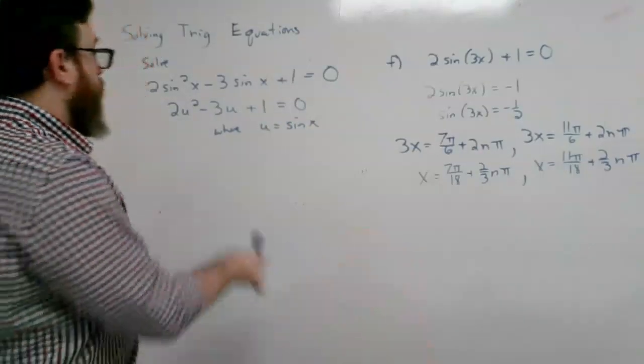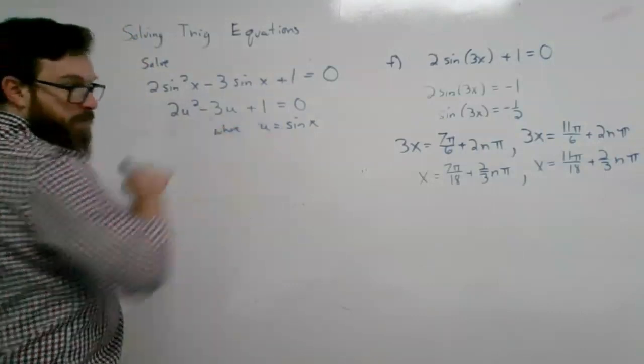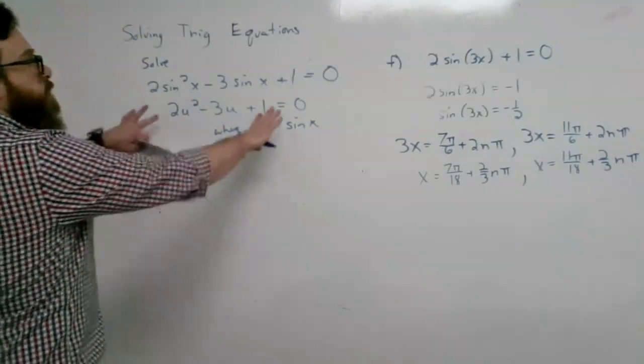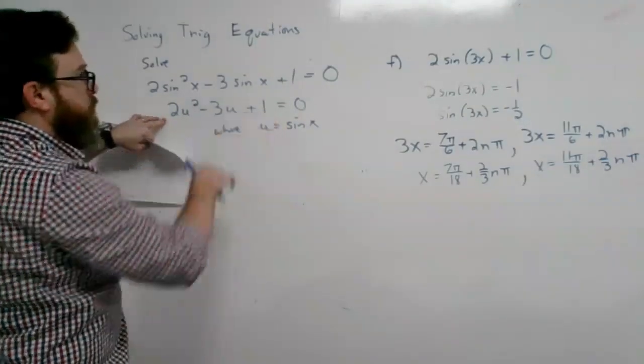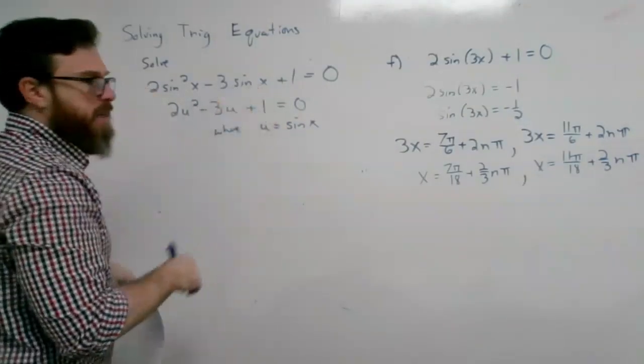So what I'm doing is I'm composing this quadratic with the sine function. We do this because it's easier to factor this quadratic looking at it in terms of u as opposed to sine, but you could do it up here if you want to just leave the sine there.